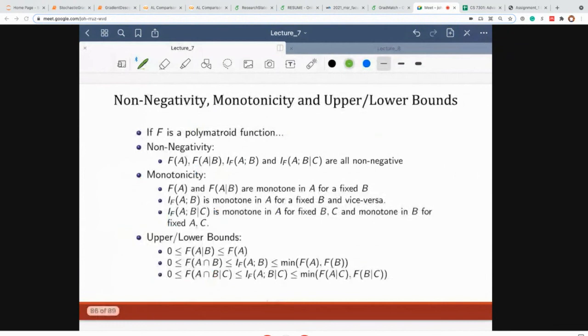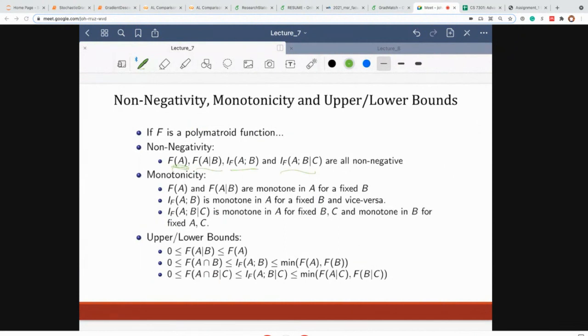Okay, so I'll talk about a few properties. Many of them follow directly from definitions, so they are relatively simple. If f is a polymatroid function, then you have non-negativity: f of A given B, if of A comma B, and if of A comma B given C. All of these information theoretic concepts are non-negative. You also have monotonicity.